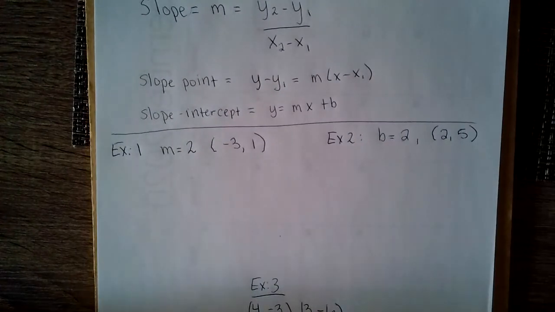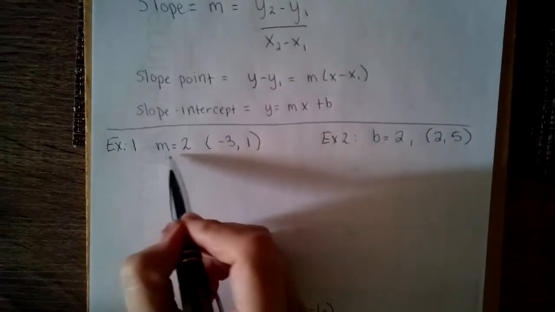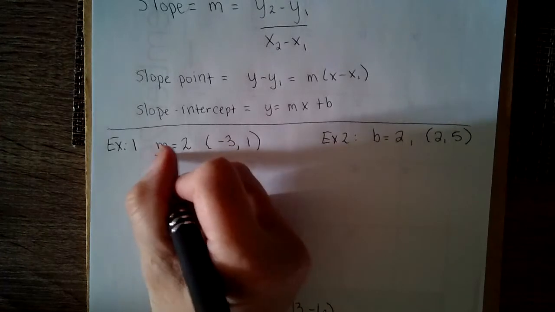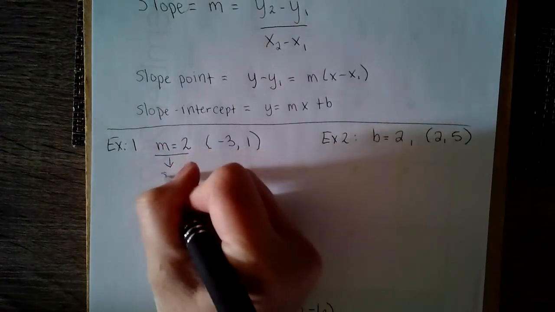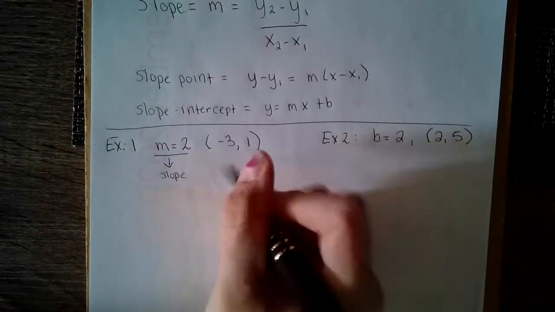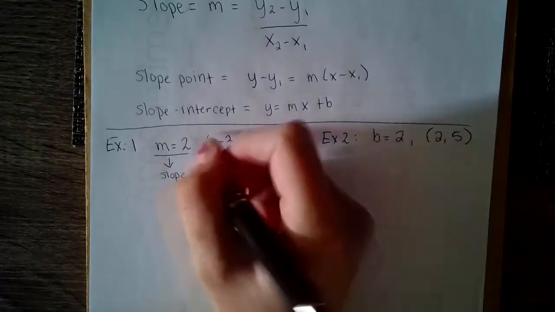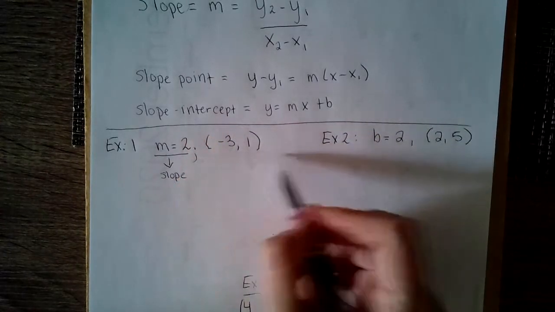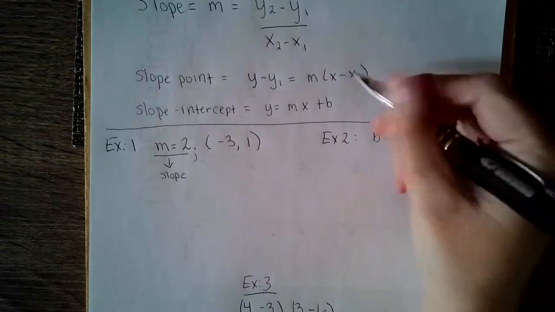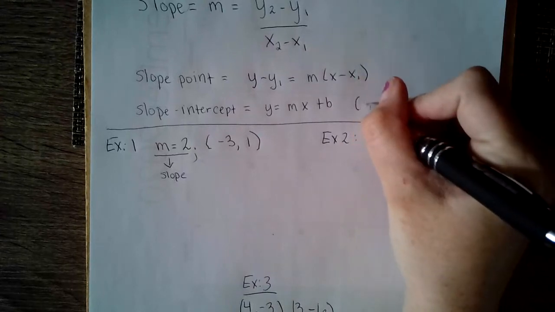Okay, so in this situation, we have letter M, which means that we have slope. And it tells us the slope is 2. But then it gives us points.